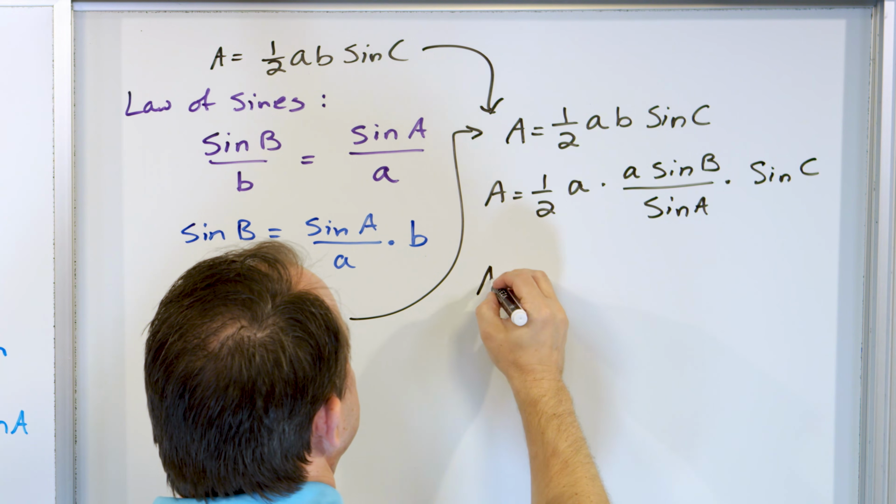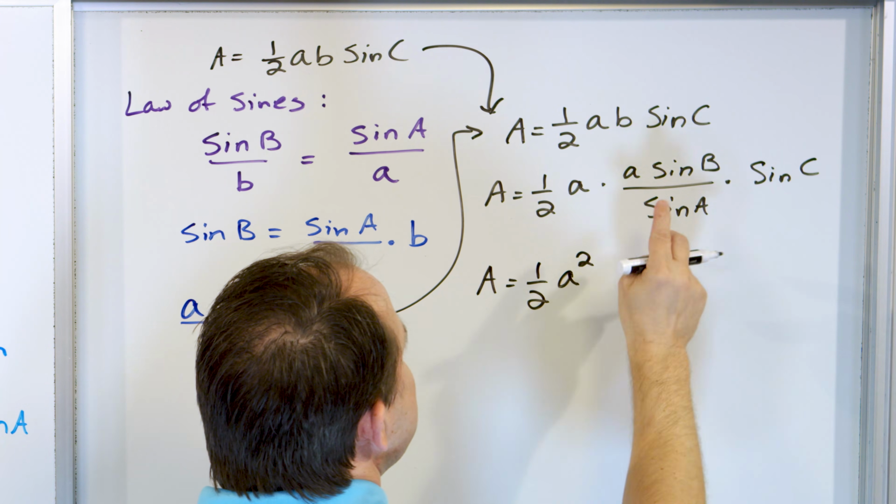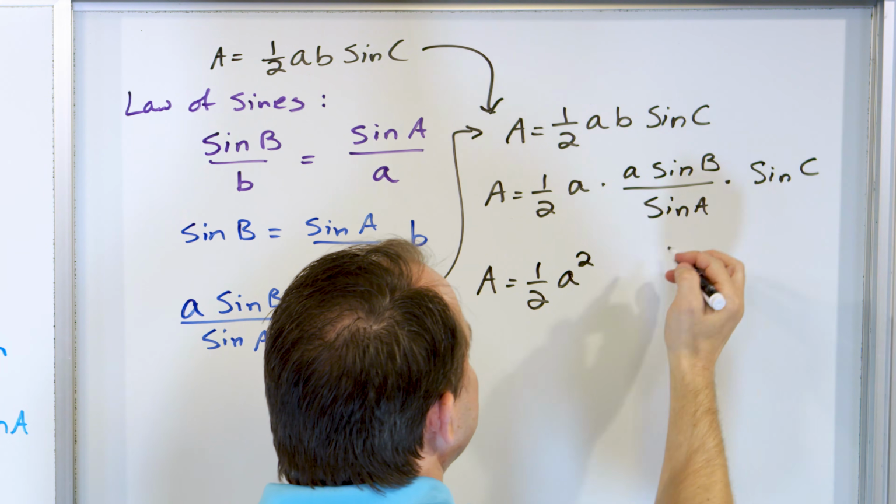Now what do you have? You have a 1/2. a times a gives you a squared. Then this is multiplied by sine C over 1, so we can multiply the numerators.